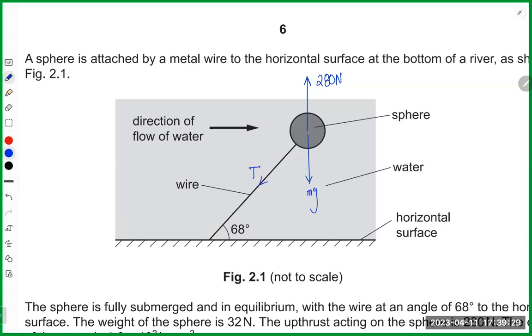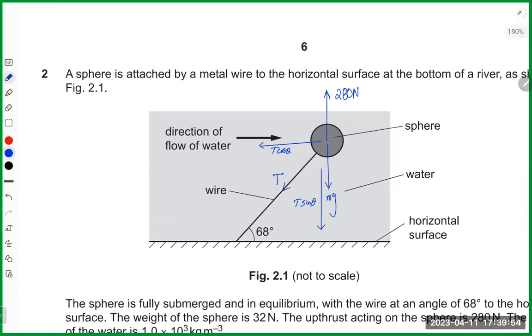So tension will be having a component like this. That will be T cos theta. And there will be a downward component like this, which will be T sine theta. T cos theta and T sine theta.